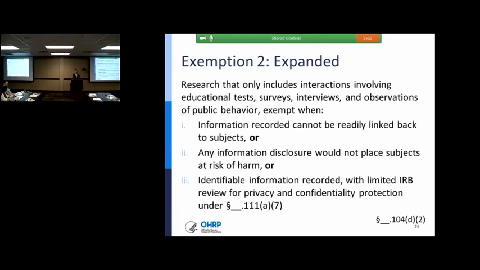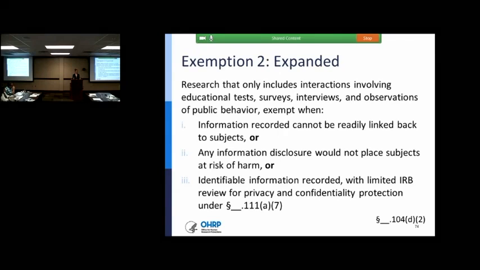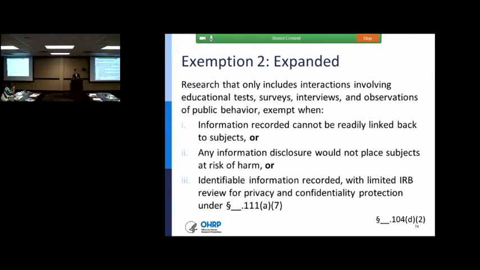Or identifiable information, which could be sensitive information, as discussed in the second point, but if there's a limited IRB review for the privacy and confidentiality protections. The idea here is that if people are participating in this kind of research, they generally know that they're participating in research. They're voluntarily answering questions.